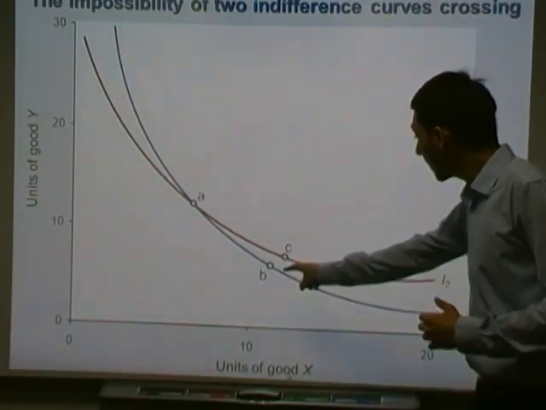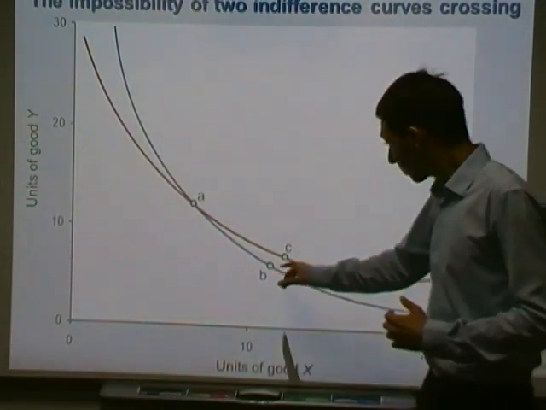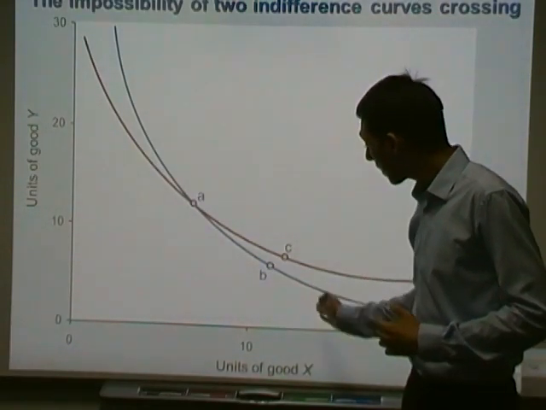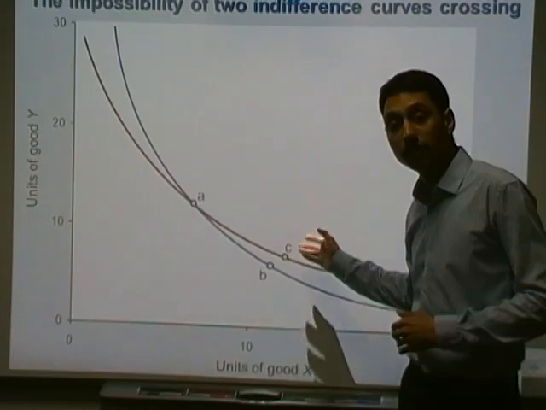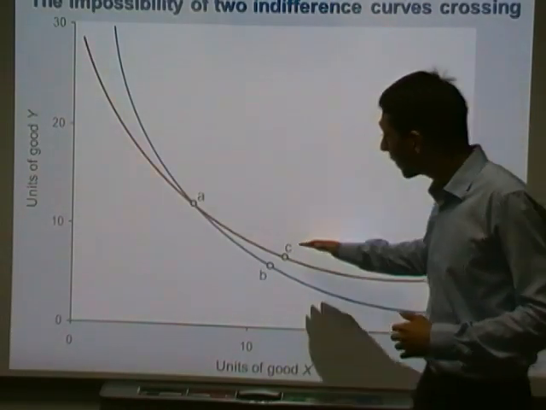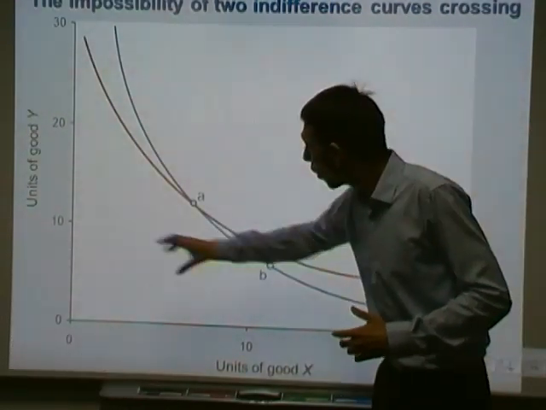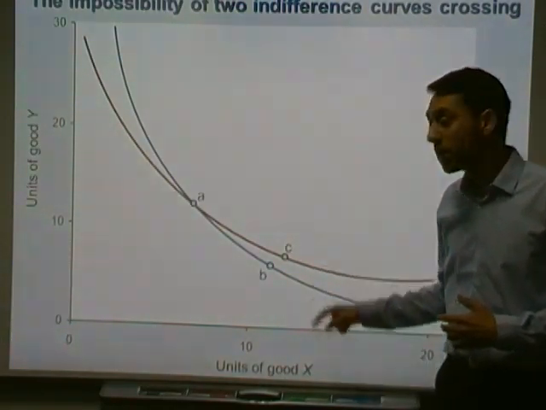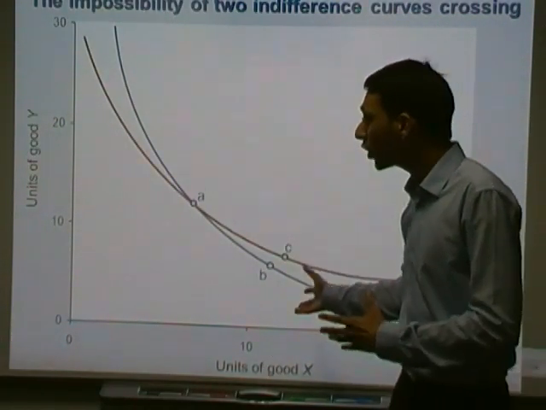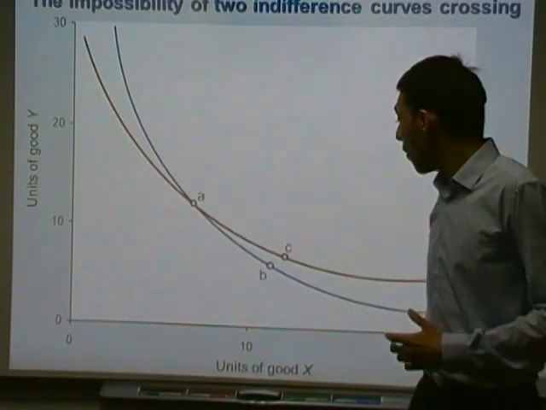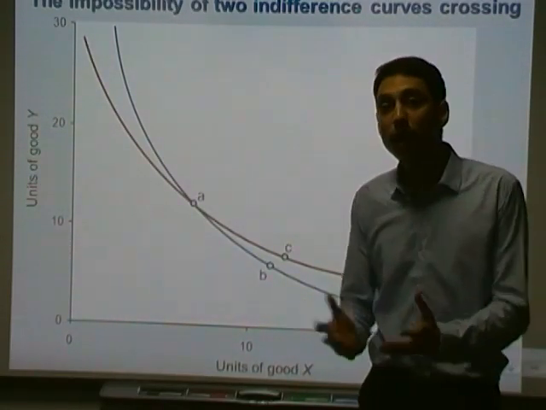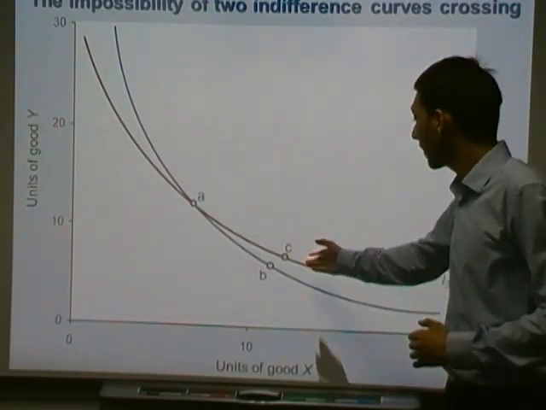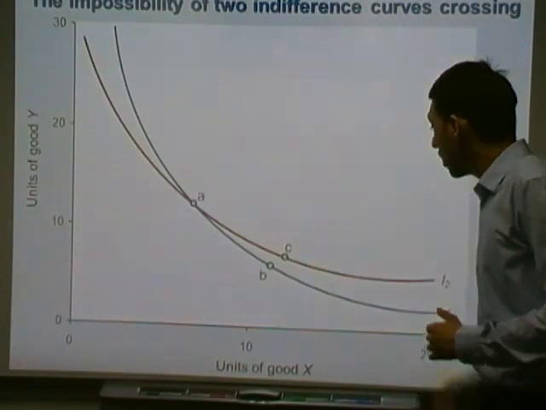But we can see that between B and C, B has less of x than C, and in the same manner B also has less of y than C. So B is a combination of goods x and y where both goods are in a smaller amount than in C, right?